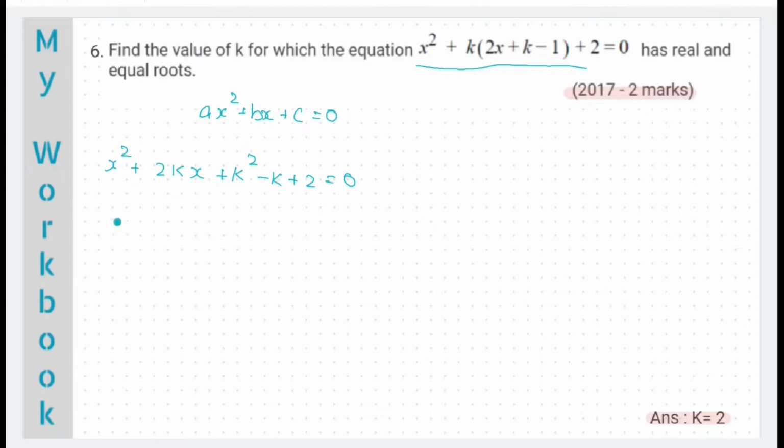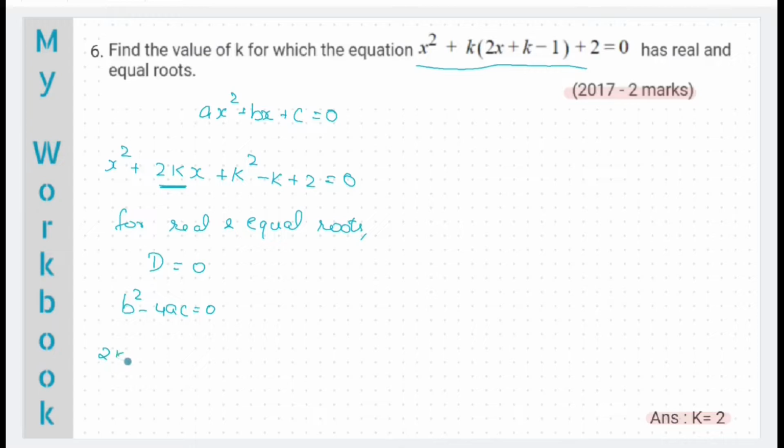Now for real and equal roots, we know that discriminant should be equal to 0. b square minus 4ac should be equal to 0. b is the coefficient of x, which is 2k.